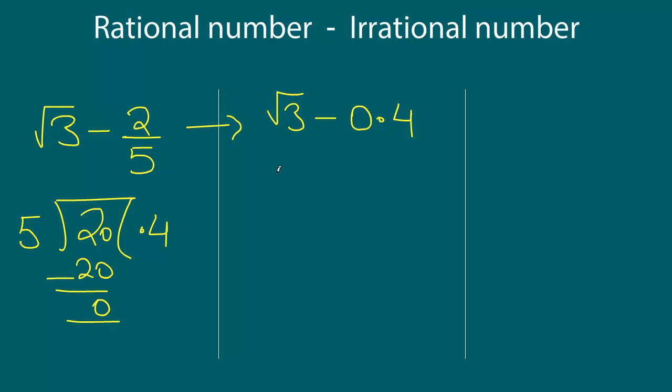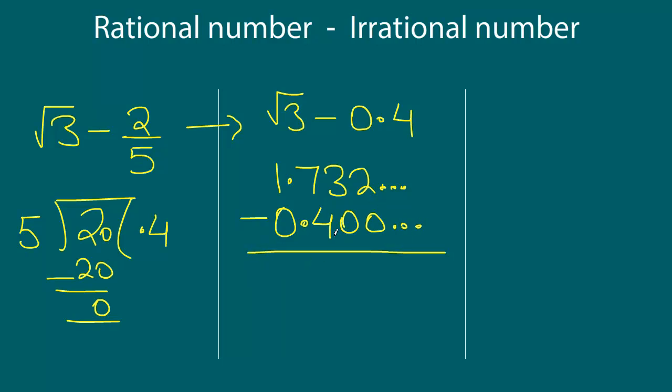Square root 3 is 1.732, minus 0.4, and we can write zeros here. If we carry out this subtraction, from the second decimal place onwards, because we have all zeros, whatever we have over here will come straight down.